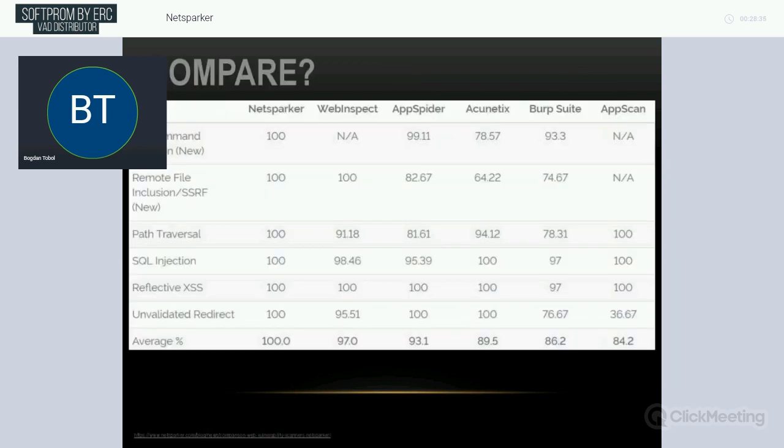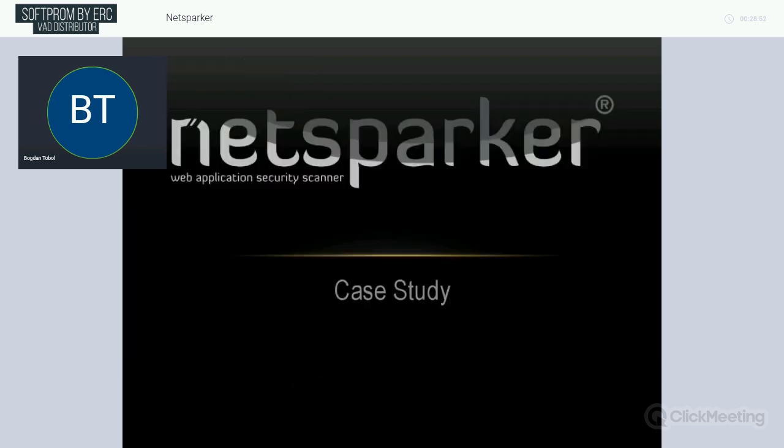Two, we have an interesting comparison done by an independent specialist over the last 8 years, and if you are trying to find the best solution in the market, you can see the real grades of each player.